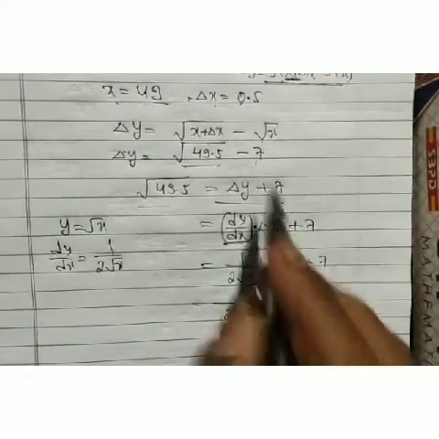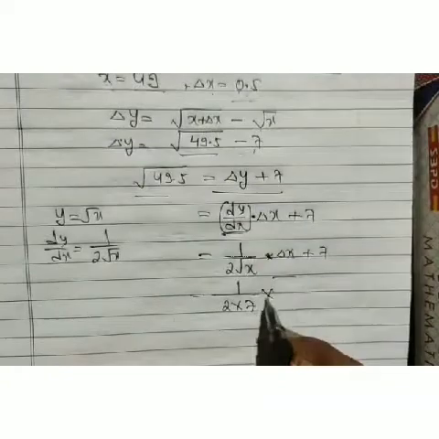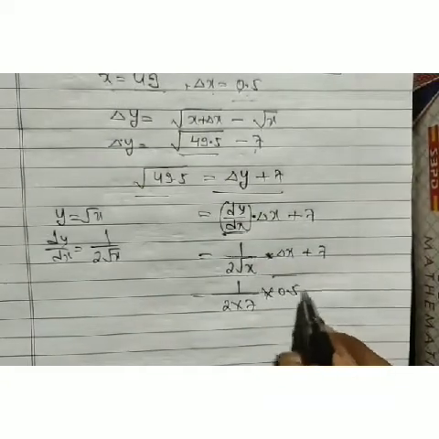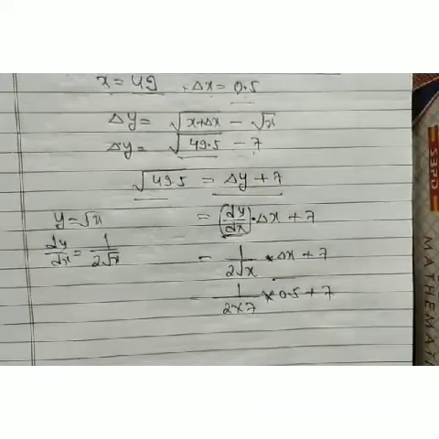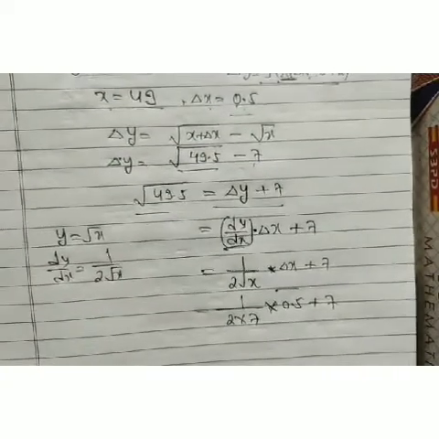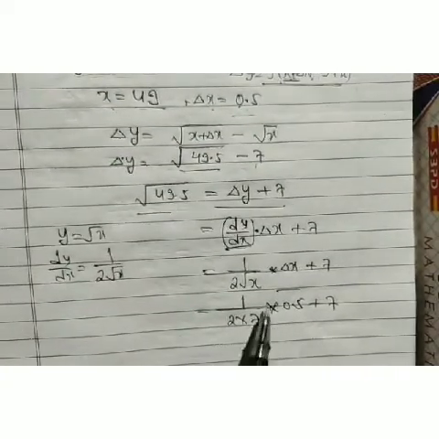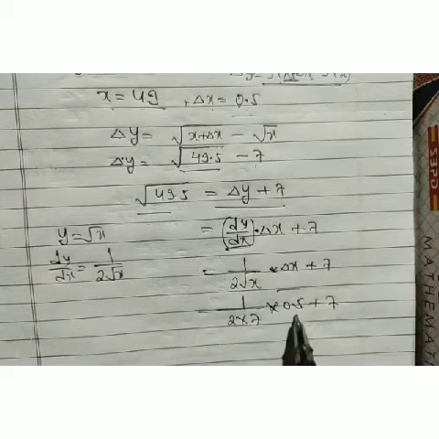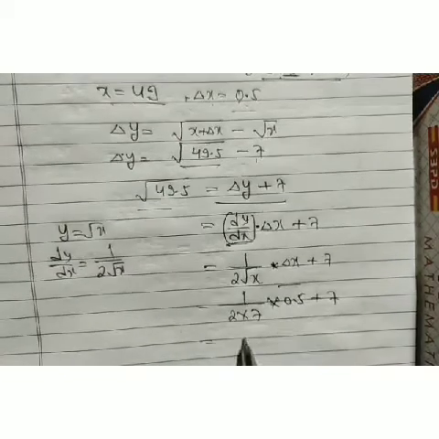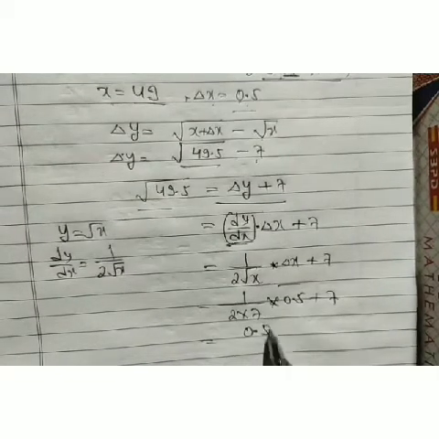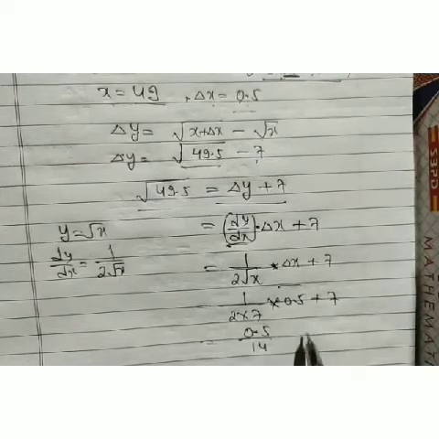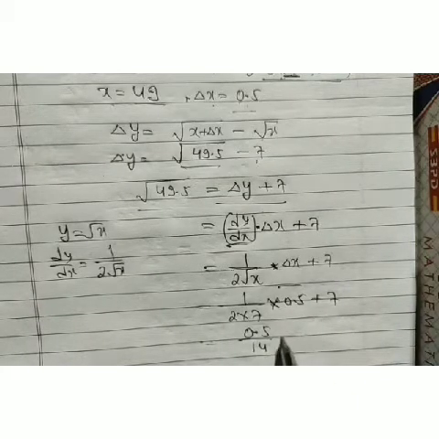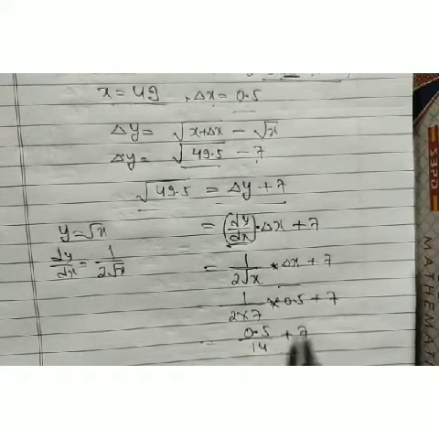What is our delta x? It's 0.5, so 1 upon 14 into 0.5, plus 7.